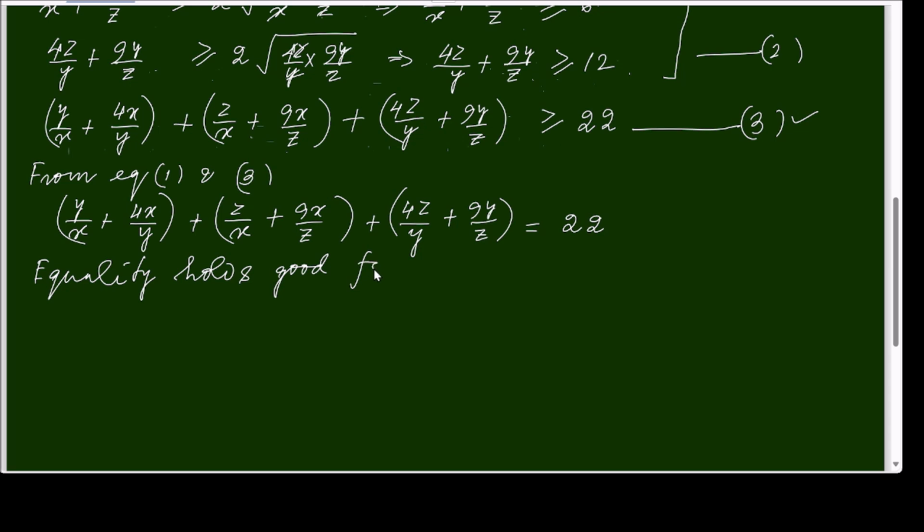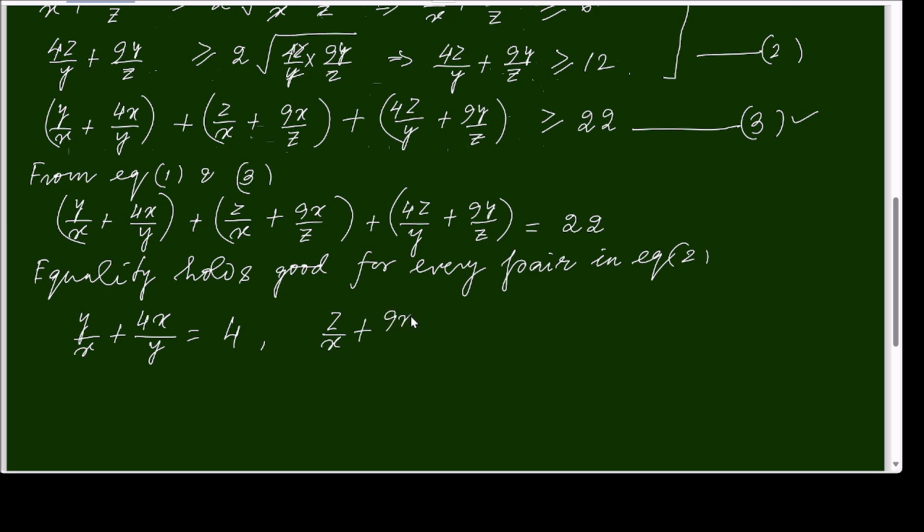For every pair in equation 2, that means y over x plus 4x over y is equal to 4, and z over x plus 9x over z is equal to 6, and 4z over y plus 9y over z equals 12.